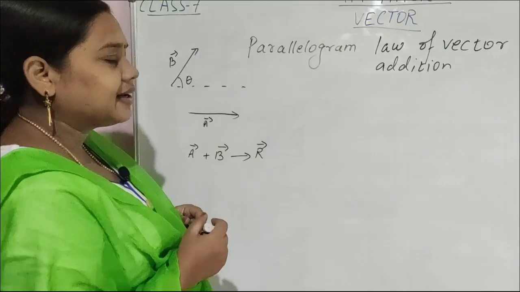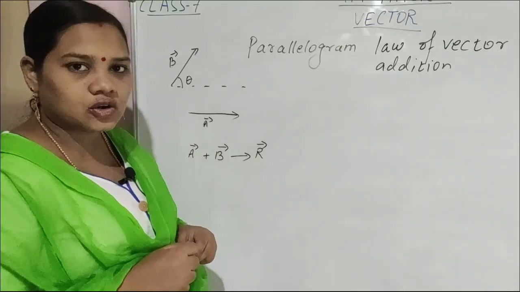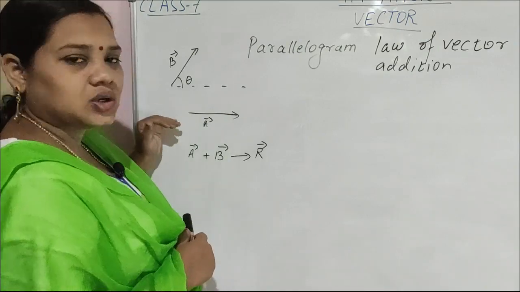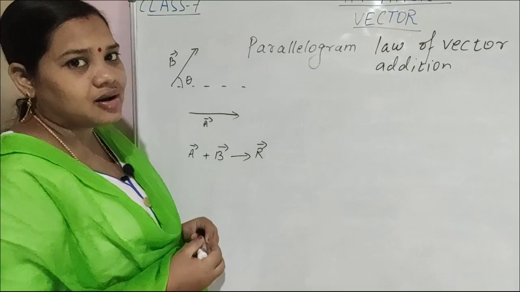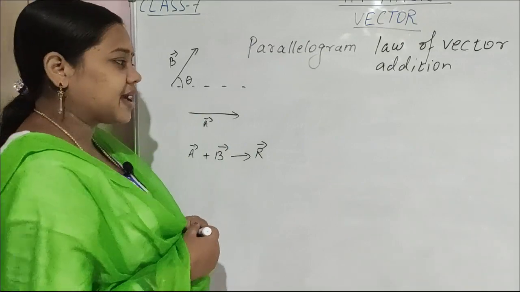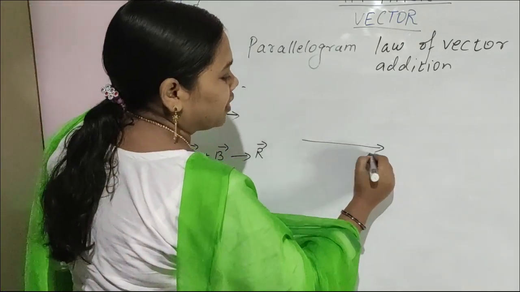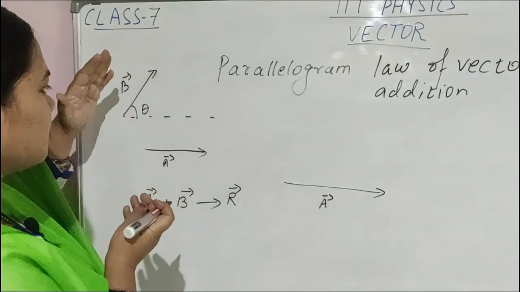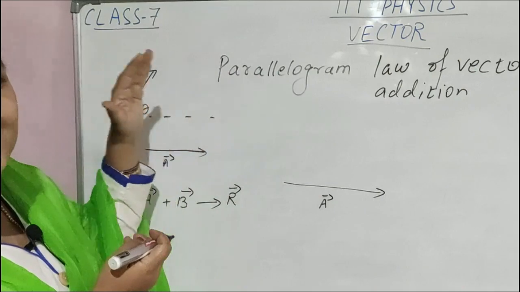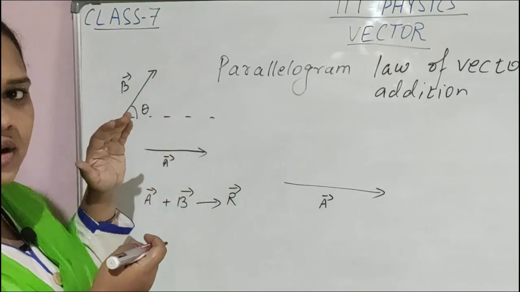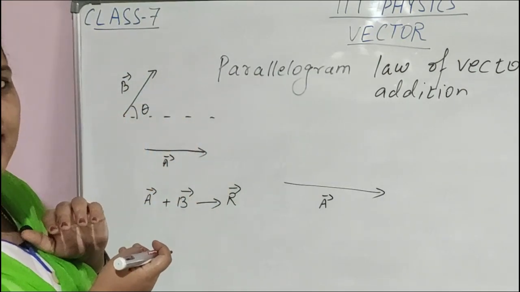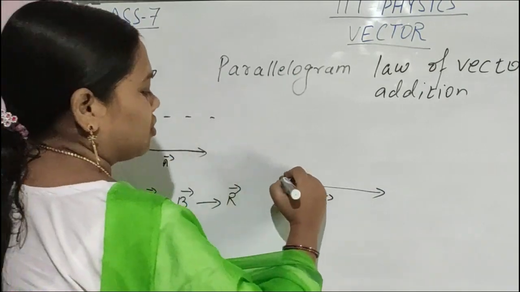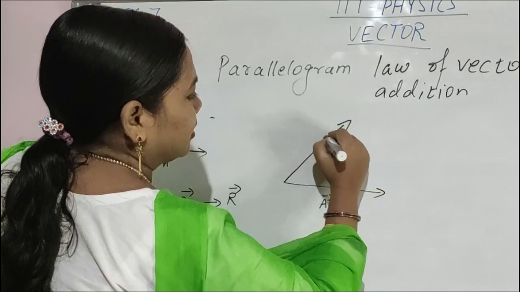So when we add two vectors by the parallelogram law of vector addition, how are we adding? Tail to tail we have to join. Already explained, tail to tail we have to join. So this is vector A, then for vector B we have to take a parallel shift of the vector. We know parallel shift of vectors is allowed.